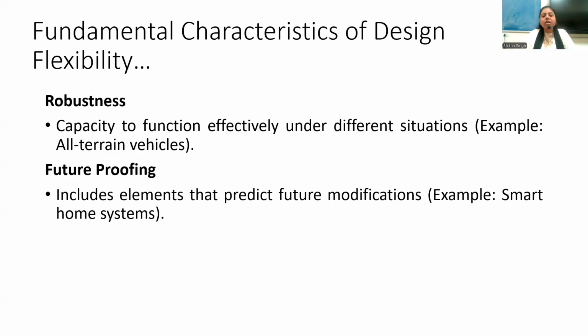So that is called future modification, which includes elements that predict the future modifications, right. So I would like to say that robustness and future proofing is a very important feature of any product which you are designing now.